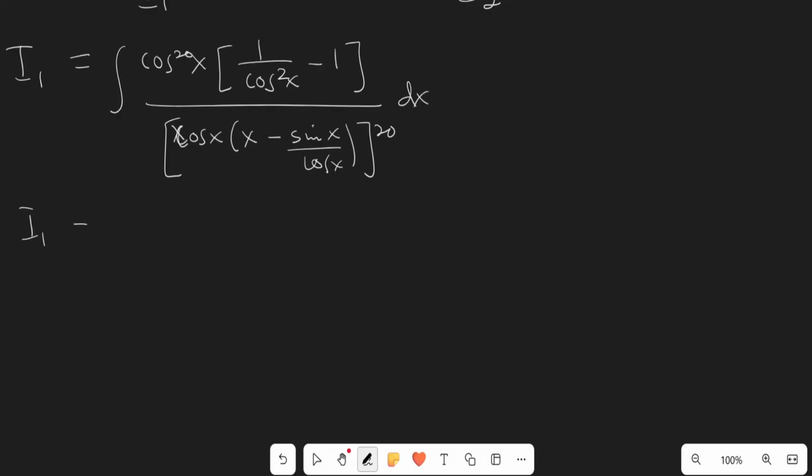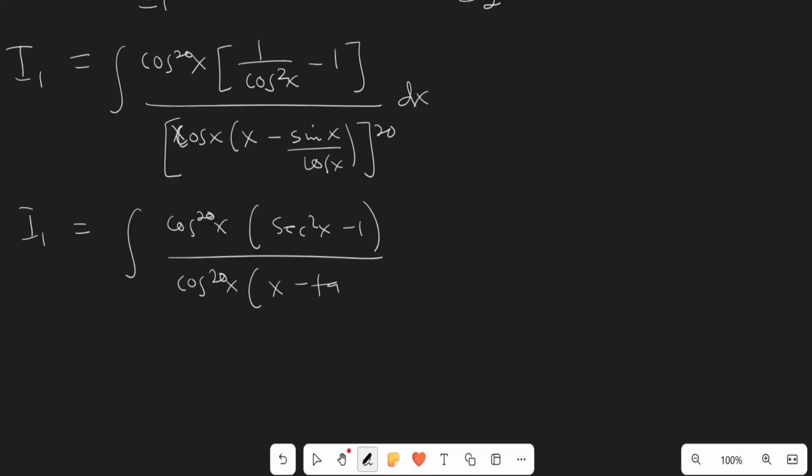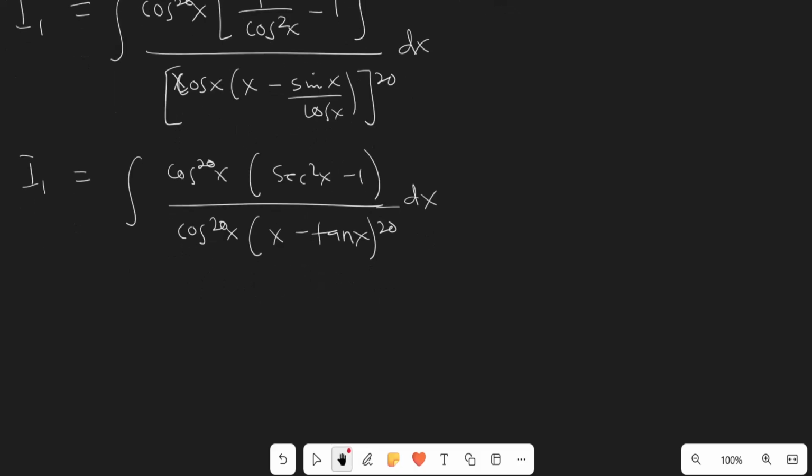So I1 becomes the integral of cosine to the 20 of x, (1 over cosine square is secant square x, minus 1) all over cosine to the 20 of x times (x minus sine x over cosine x, which is tan of x), all raised to the power 20, dx. So this is how it can be written.